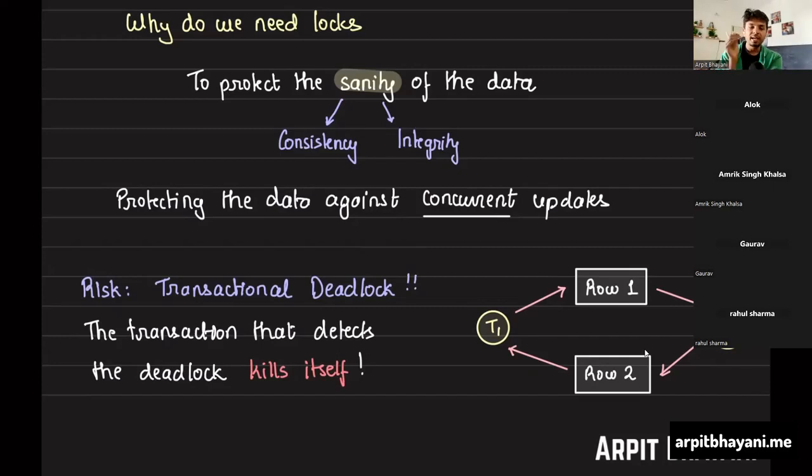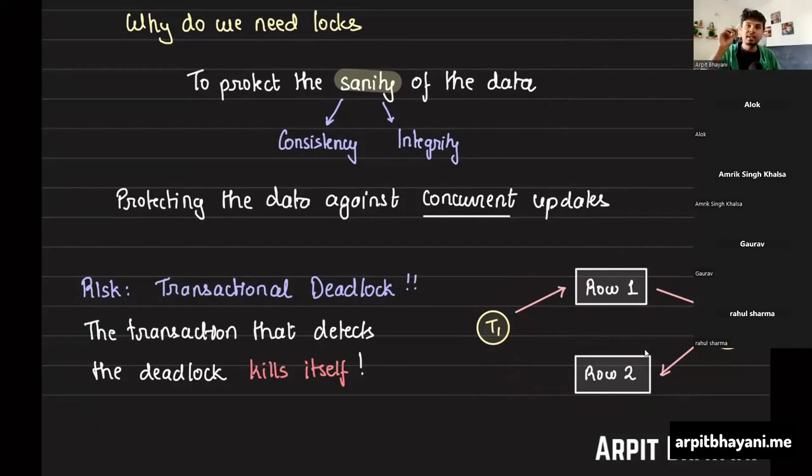Let's say transaction T1 wants a lock on row 1, which is locked by transaction T2, and transaction T2 wants a lock on row 2, which is now acquired by transaction T1. So transaction T1 just fired a statement saying, hey, I want to acquire a lock on row 2.